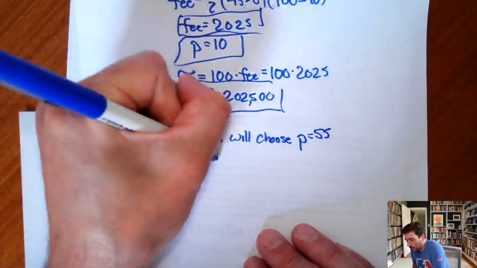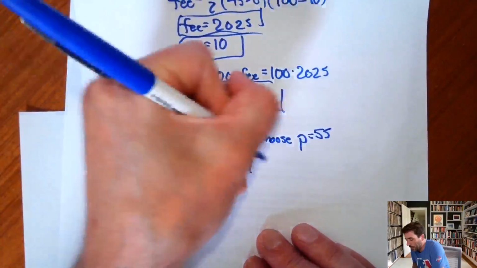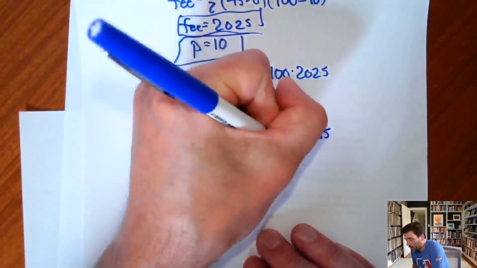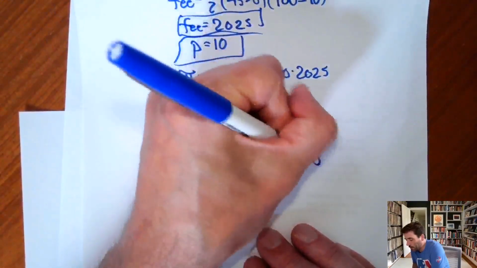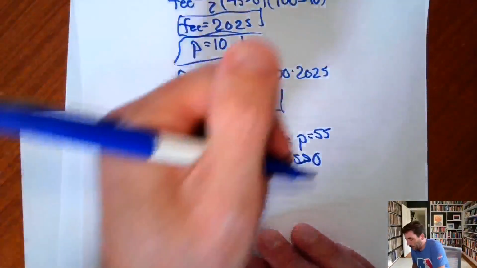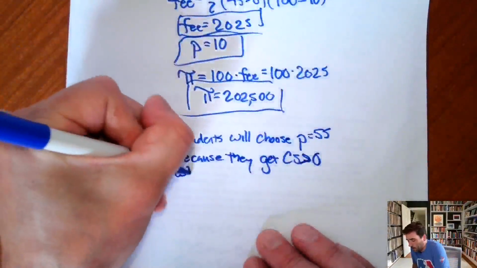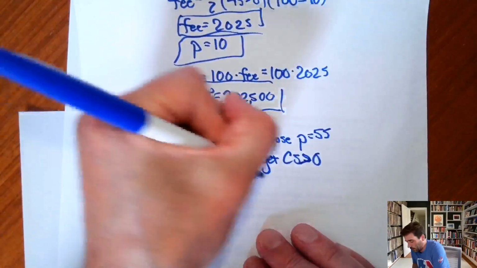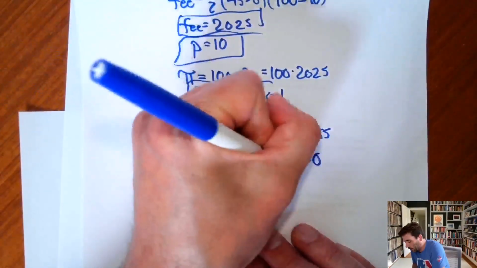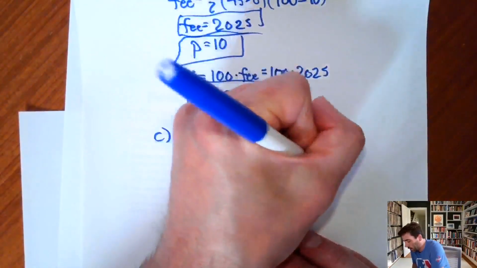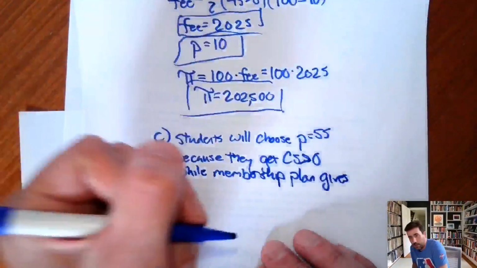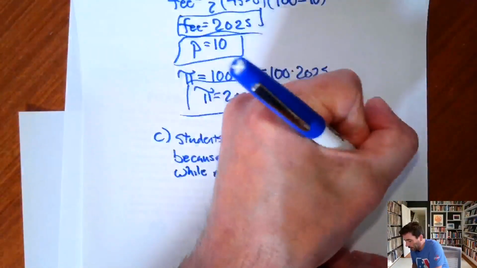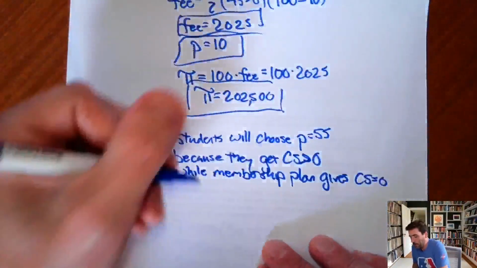Because they get positive consumer surplus, so consumer surplus greater than 0, right? While the membership plan leaves them with 0 consumer surplus, right? So CS equal to 0, okay?